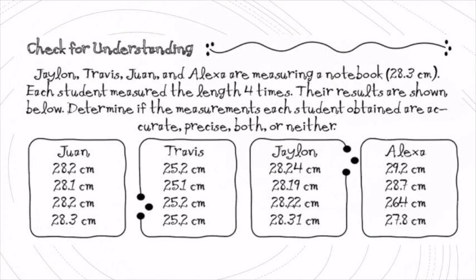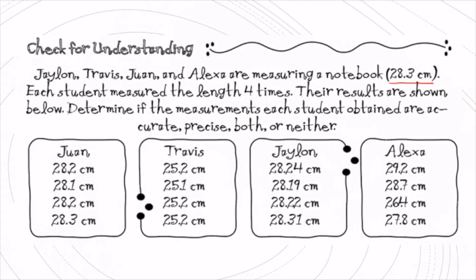So Jalen, Travis, Juan, and Alexa are measuring a notebook. The actual size is 28.3 centimeters. If each student measured the length 4 times, their results are shown below. Determine if any of these measurements obtained are accurate, precise, both, or neither.